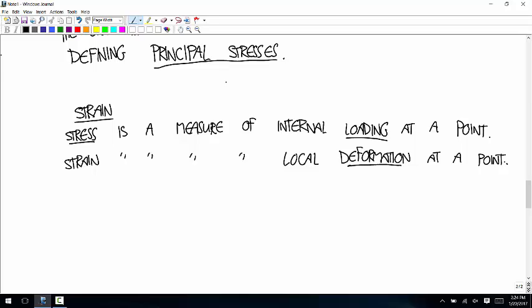All of the problems that we're going to do in this class depend on a linear relationship between the stress and the strain.